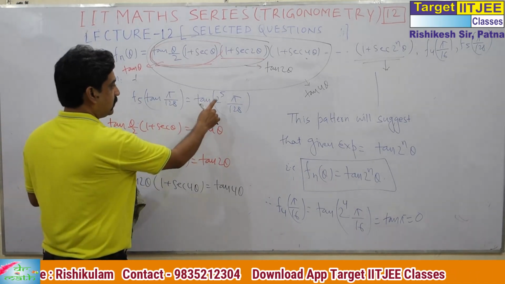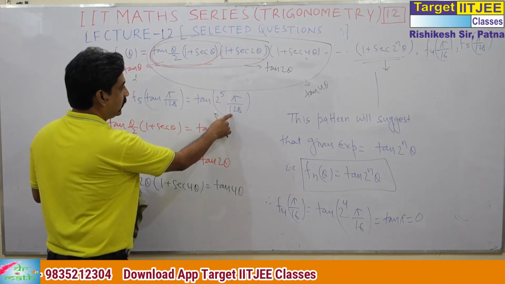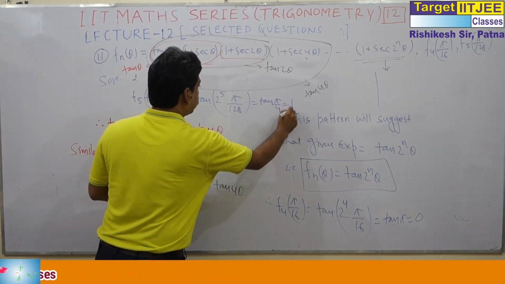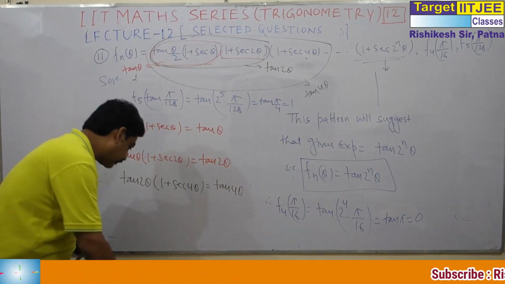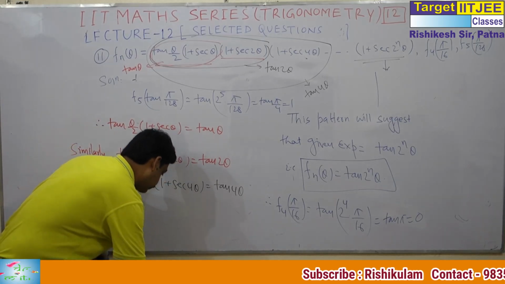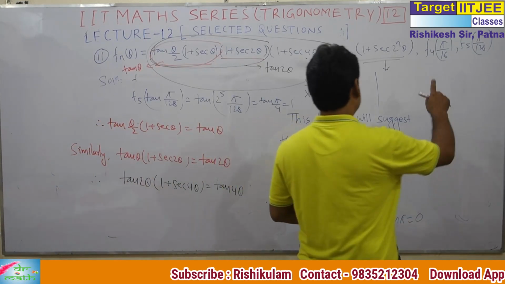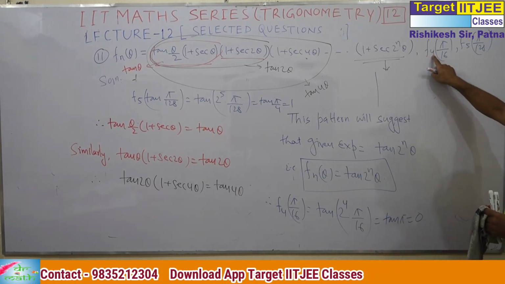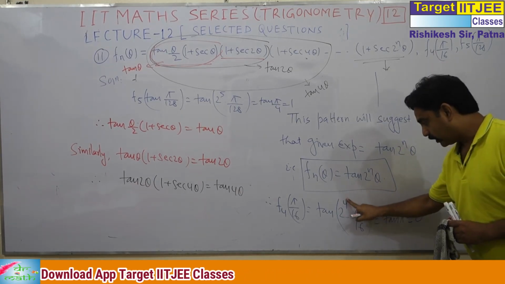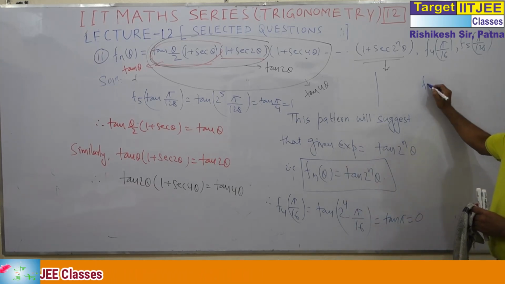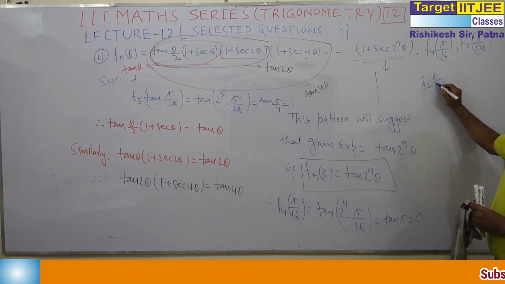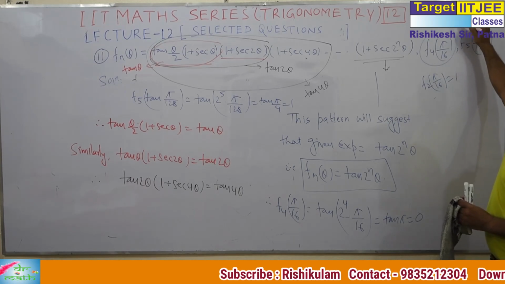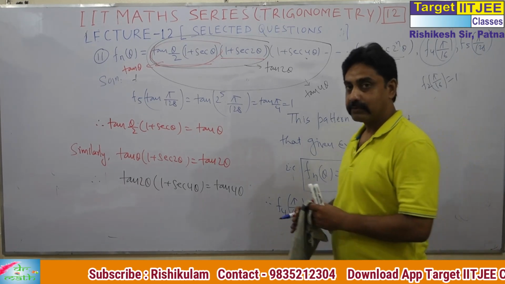On calculation, this is 32 by 128. This is tan pi by 4. Tan pi by 4 is what? Am I writing the correct question? Oh, in the question it is 2. In the question it was 2. So if there is 2, this is also 1. Okay, nothing matters. This is also 1. But this one is 0.